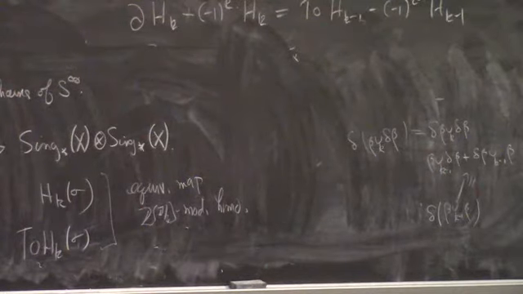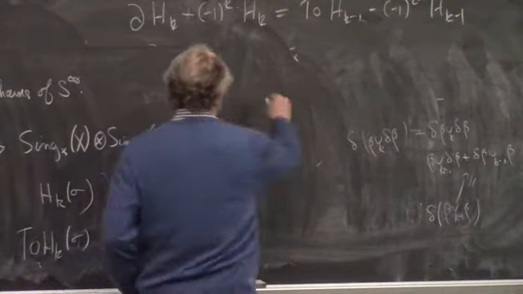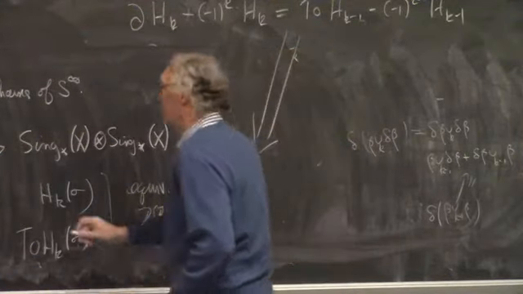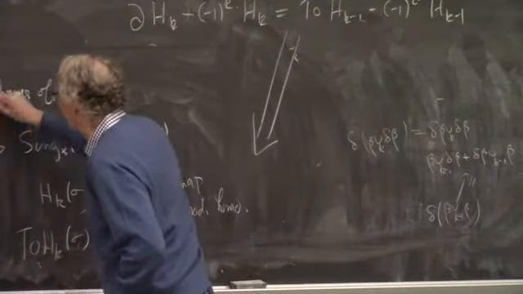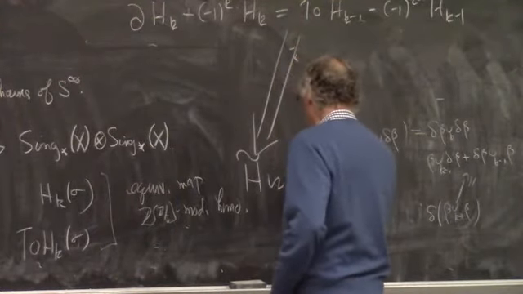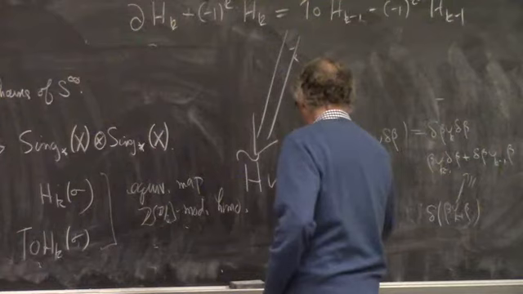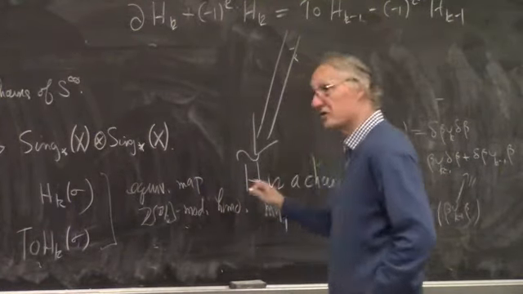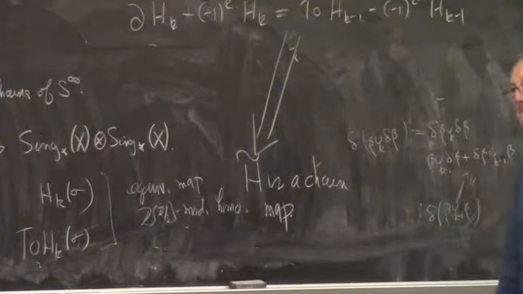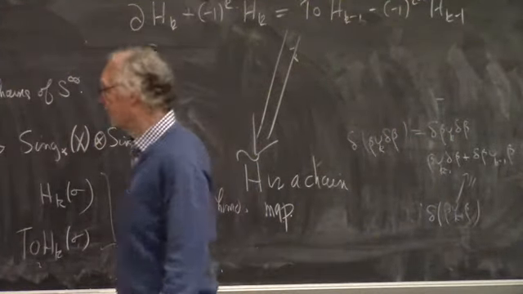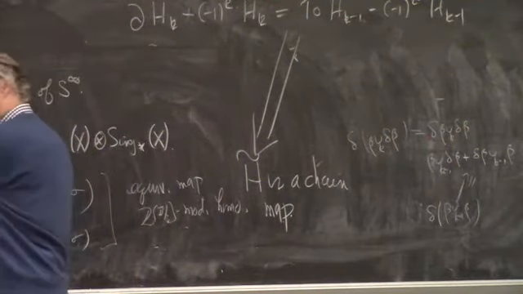Yes. Equivariant chain map. When you take the boundary of something here, you have two pieces, right?